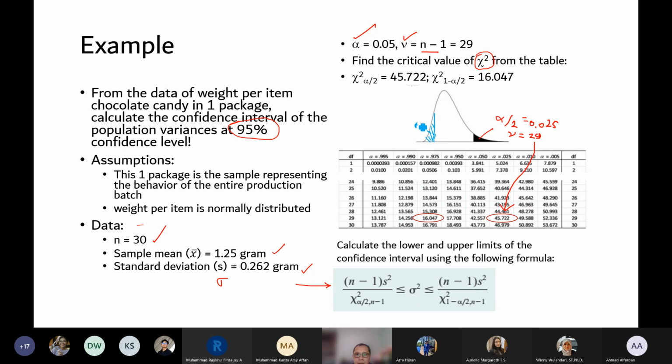And the area here is, of course, the same as on the right-hand side, 0.025. However, since our table is based on right tail distribution, then we need to find the value of chi-square at which the probability is this one.